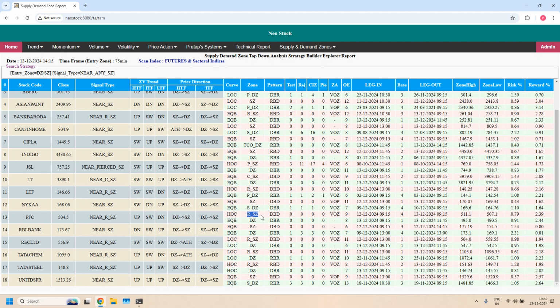PFC is having high liquidity 75 minute supply zone. REC Limited is having. Tata Chemical is having high liquidity zone. Tata Steel is having high liquidity supply zone. So total 7 75 minutes high liquidity zones are available in this list. So these are the 75 minutes high liquidity supply zones from this list.